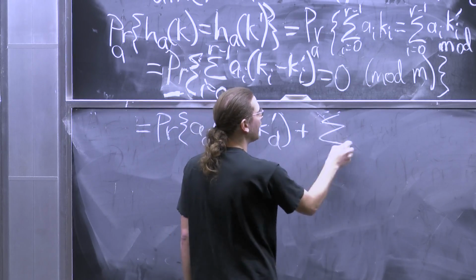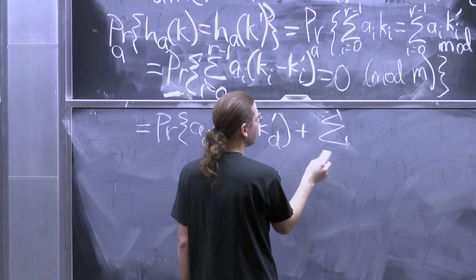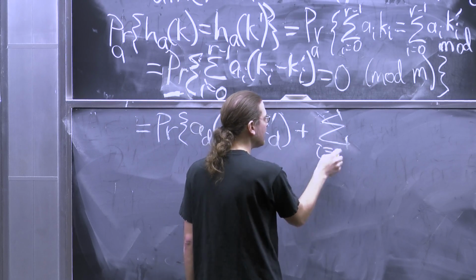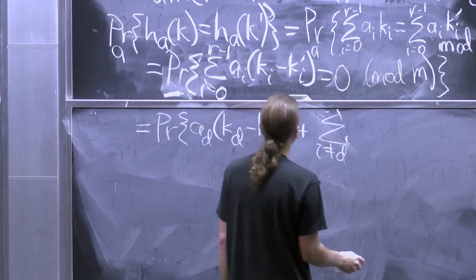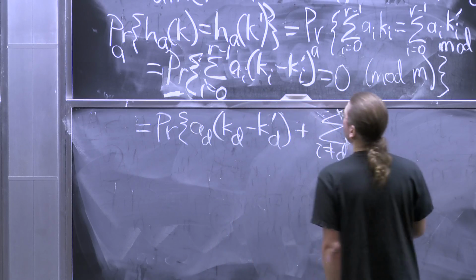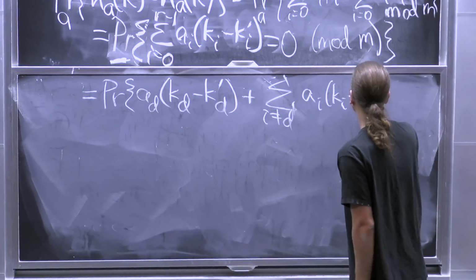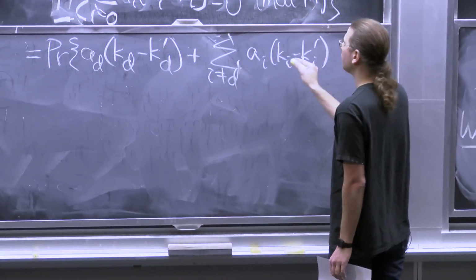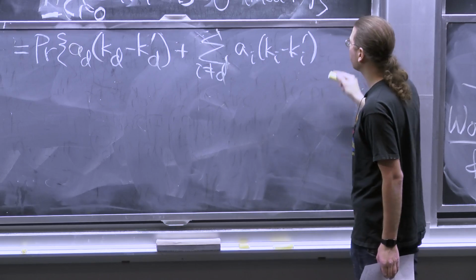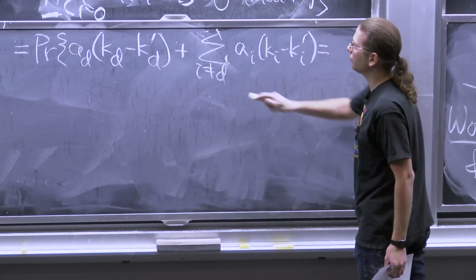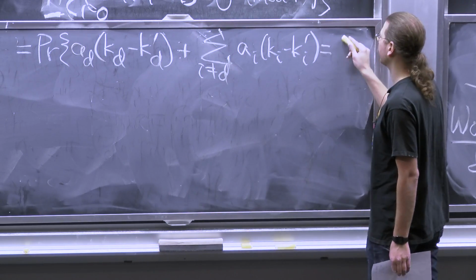That's one term. I'm going to write the summation over i not equal to d of a_i times (k_i minus k_i prime). These ones, some of them might be 0, some are not. We're not going to worry about it. It's enough to just isolate one term that is non-zero.